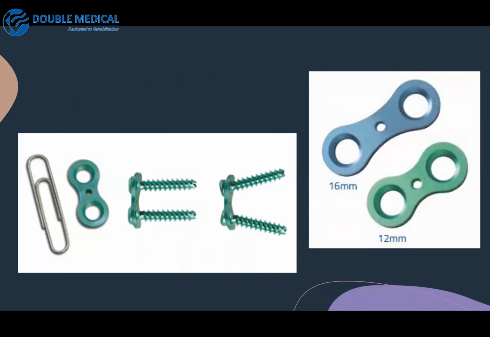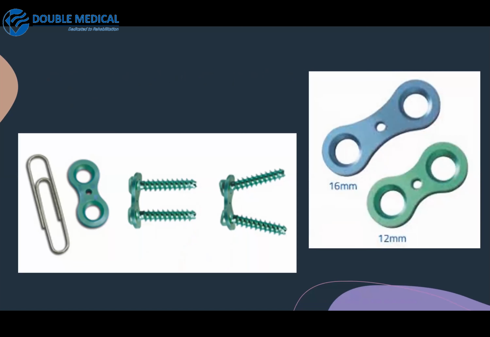The 8 plate is called that because the shape of the plate looks like a number 8, and normally we use 2 screws to hold the bone. The size depends on how big the bone is and how big the growth plate or epiphyseal plate is. For example, if we need to control one-sided growth over the limbs, then we have to use a bit larger one.